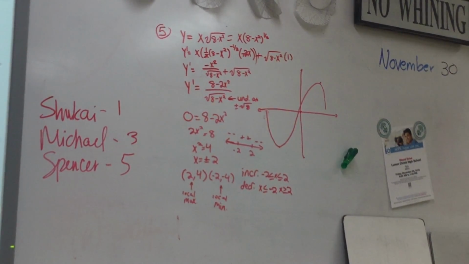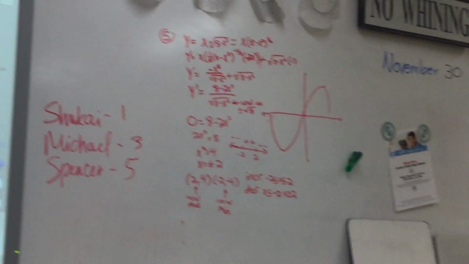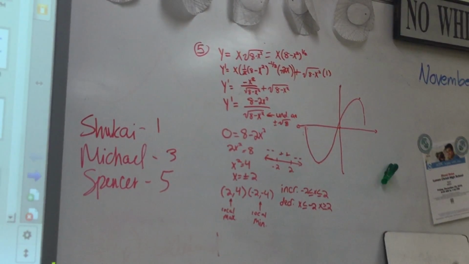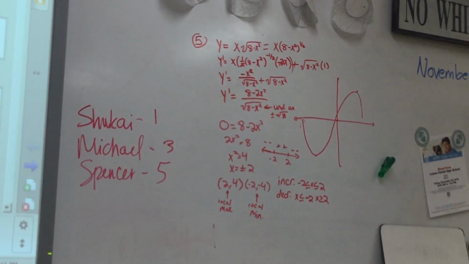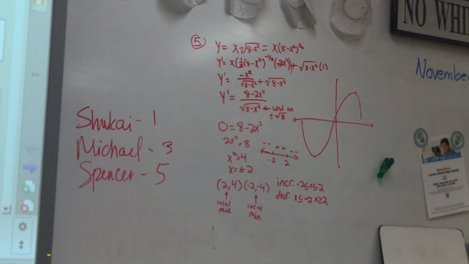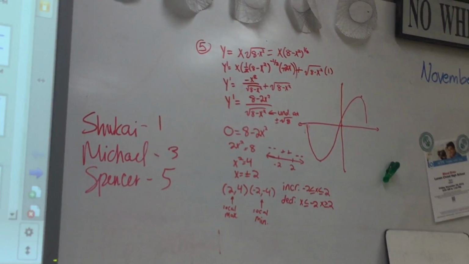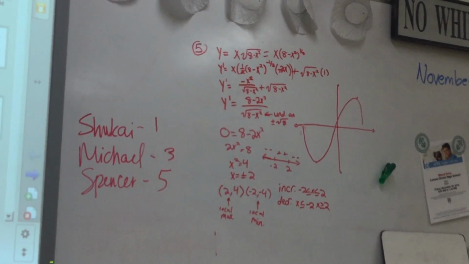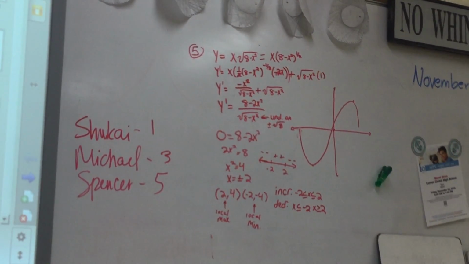Let's look at the graph. So it doesn't go to infinity. Yeah, it doesn't have infinity. So then it's finite. Do you want to go up there and try to fix those intervals?